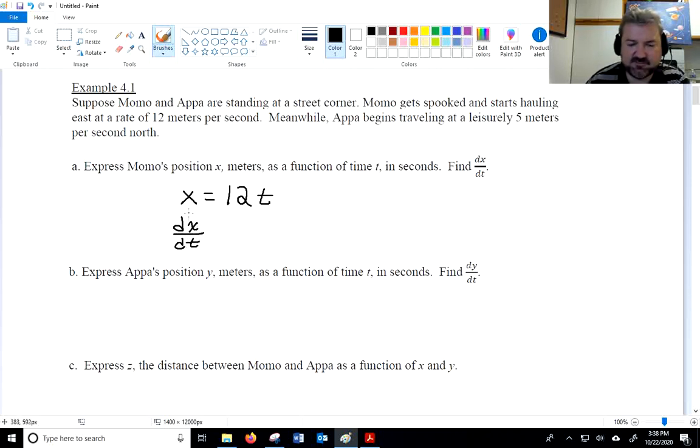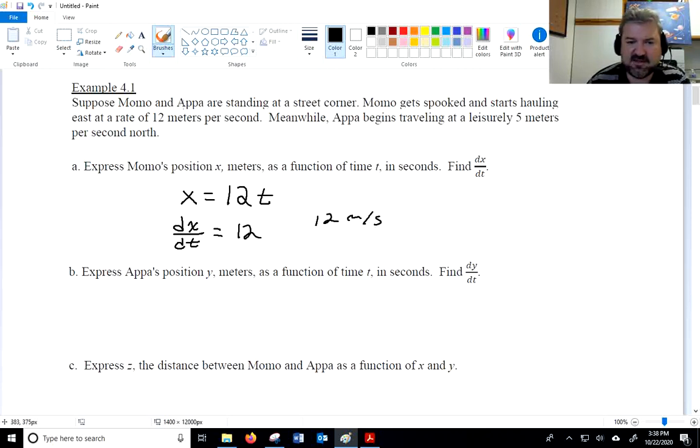The derivative with respect to t of x is simply dx/dt. The derivative of 12t with respect to t is 12, because it's 12 times dt over dt, which is just 1. So we know that Momo's dx/dt is 12, or we could say 12 meters per second.